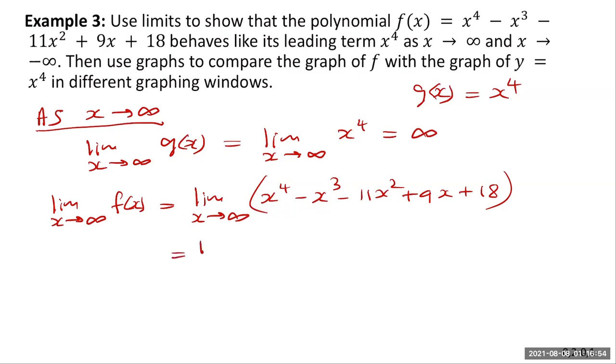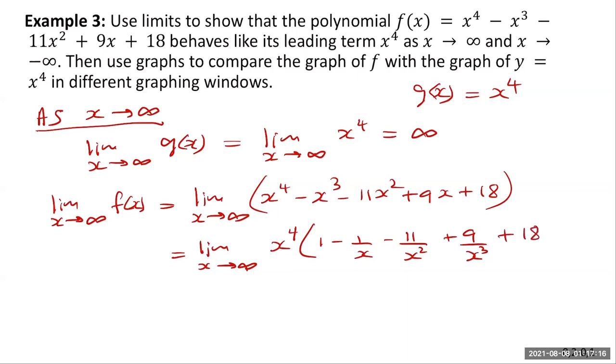Of course, we can calculate the limit as x approaches infinity. What I'm going to do is pull out x to the power 4. Then you get 1 minus 1 over x minus 11 over x squared plus 9 over x cubed plus 18 over x to the power 4. Now I'm ready to plug in my limit. If I plug in infinity here, you get infinity to the power 4, which is infinity.